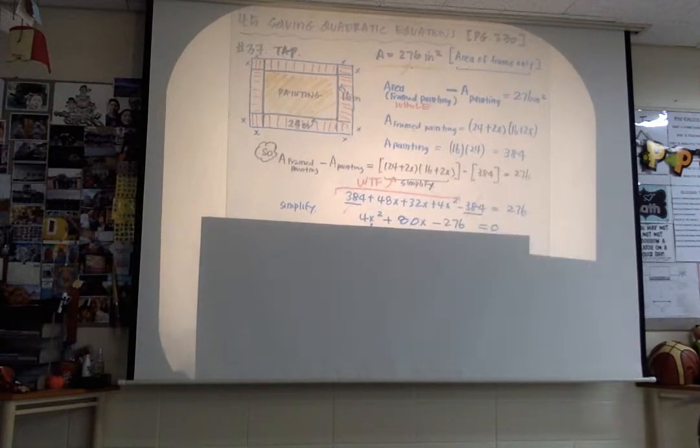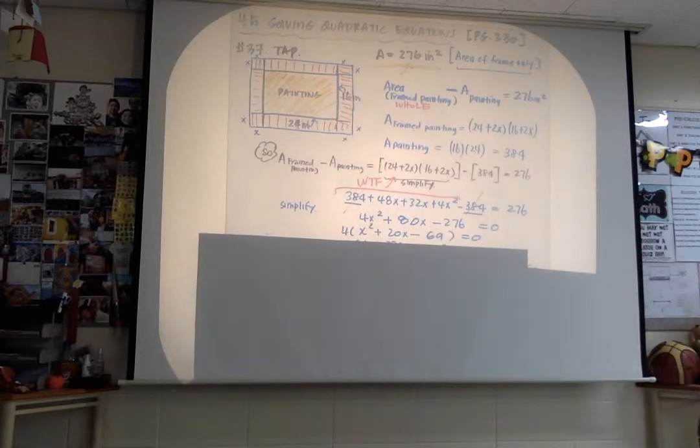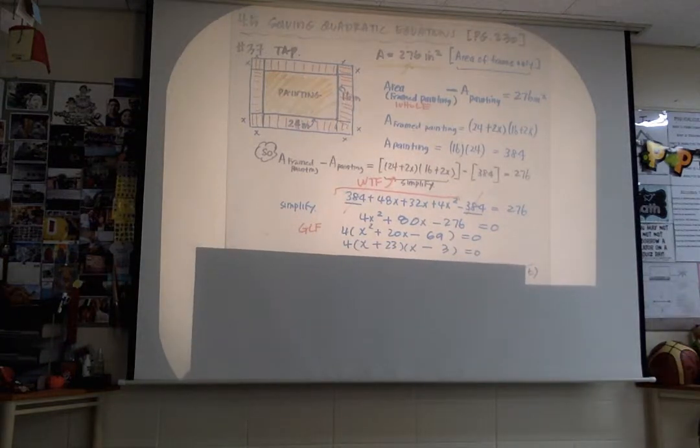You're left with 4x squared plus 80x, and then you subtract 276, so you get minus 276. Now I factor this first by the GCF. That's the GCF factored, right? And now I want to factor all the way, and I get this.